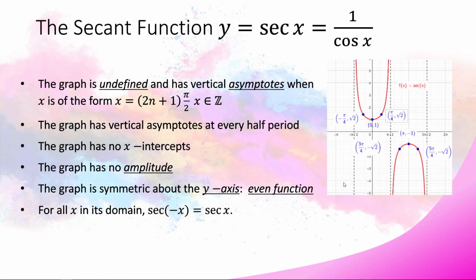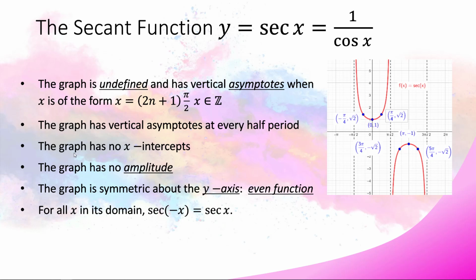So what do we want to say about these? Well, once again, the graph is undefined and has vertical asymptotes at all odd multiples of pi over 2. And once again, this is a mathy way of saying odd multiples of pi over 2. Also notice that we have vertical asymptotes at every half period. That comes in handy for actually plotting points.